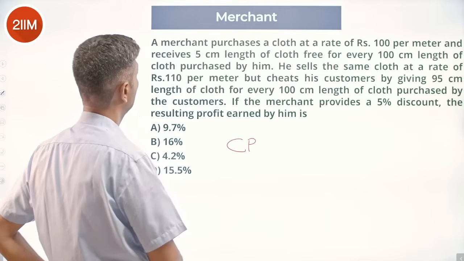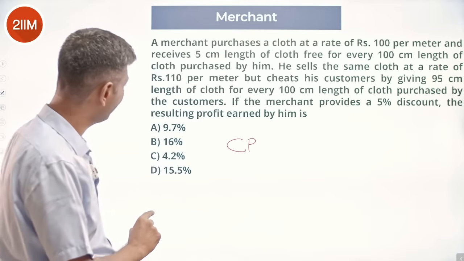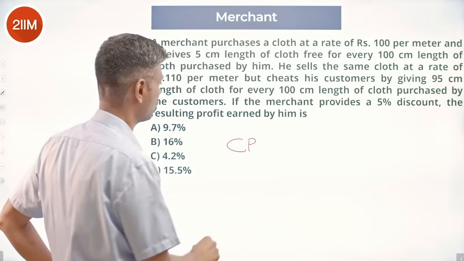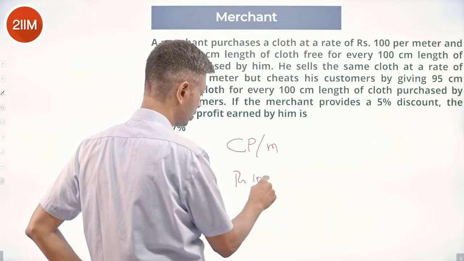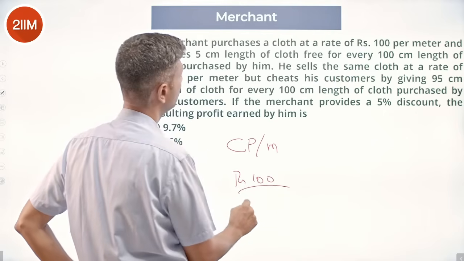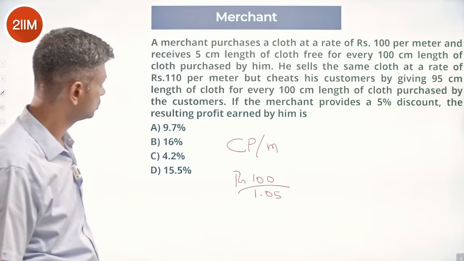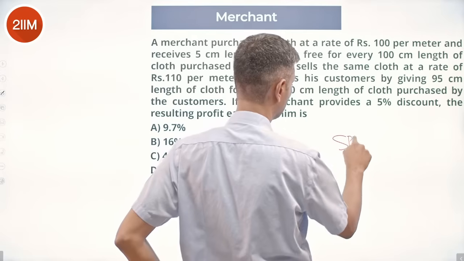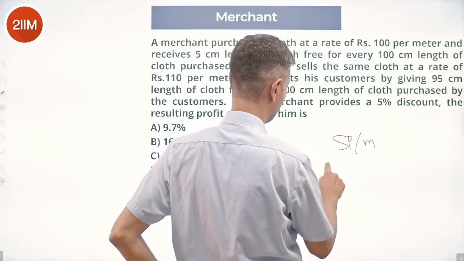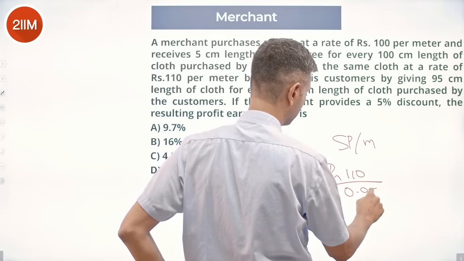Here, he buys at 100 per meter but he gets 5 centimeters extra. Cost price per meter, rupees 100 by 1.05. Selling price per meter is rupees 110 by 0.95.